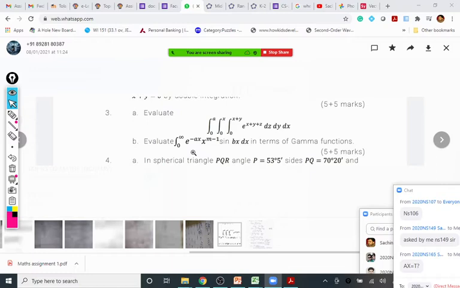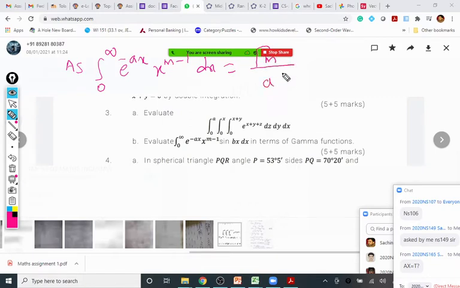Sine theta will not be there. Where we started actually for this question. I already told you, if this question comes in the exam, the approach is a little different. So we should start by proving this first: integral 0 to infinity e raised to minus ax into x raised to m minus 1 dx is gamma m upon a raised to, is it m plus 1?